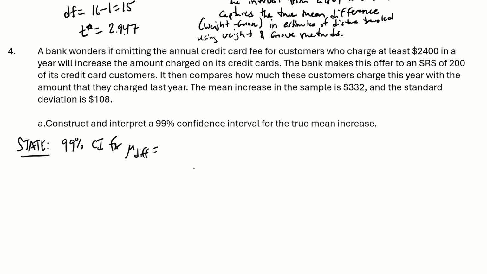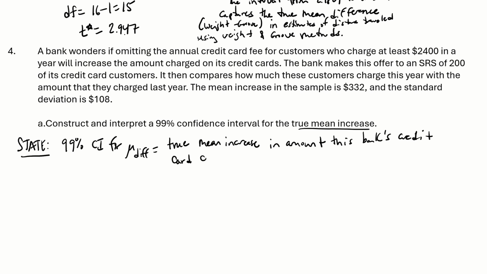So the mu difference is the true mean increase in the amount this bank's credit card customers would spend with no annual fee.